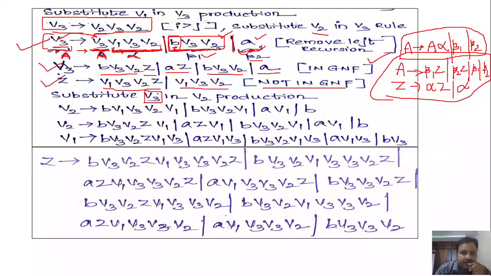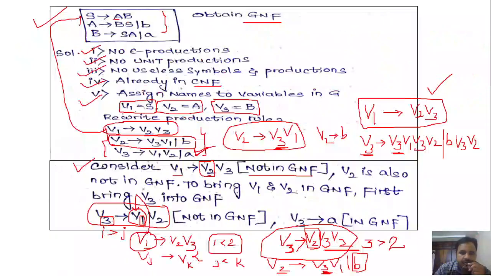So if we consider this V3, V3 is there in the V2 production, right? Since V3 got into GNF form, if we substitute the V3 production here in V2, the V2 production will get converted into GNF.